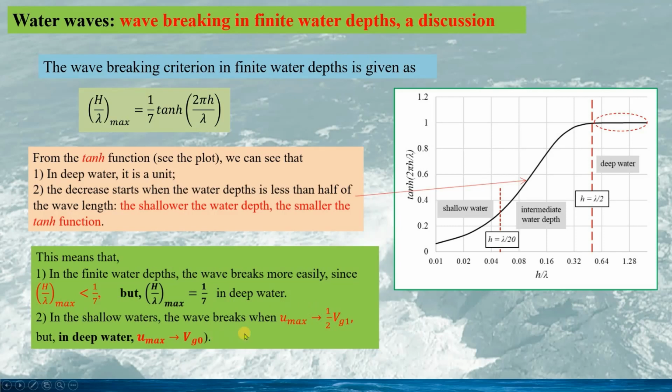In the shallow waters, when the maximum horizontal velocity U max approaches half of the wave group velocity Vg1, the wave breaks, while in deep water, U max approaches the group velocity Vg0.